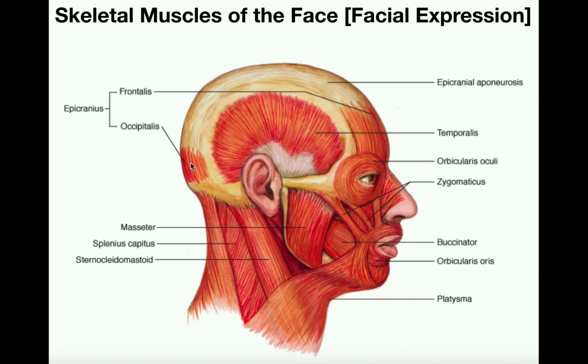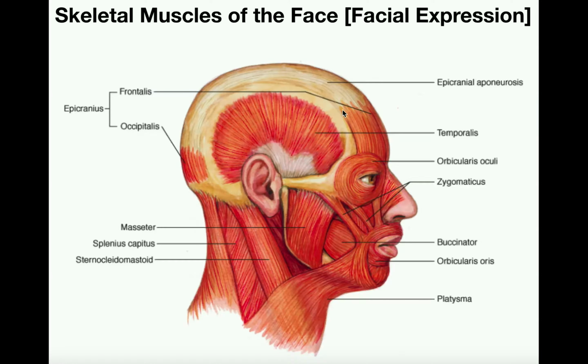Okay? Now, the frontalis belly of this muscle does something similar. So the frontalis has its origin right here, and its origin is actually the epicranial aponeurosis. So the insertion of the occipitalis is the same as the origin of the frontalis. It's both the epicranial aponeurosis.